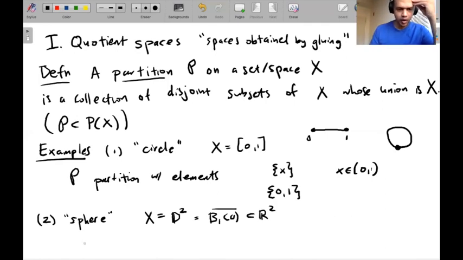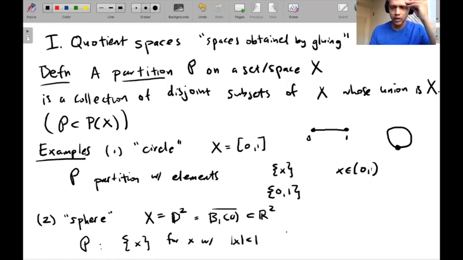And we'll consider the partition P with elements: there's going to be a singleton for every point x with norm less than 1. And then there's going to be one additional set consisting of all the points of norm 1.